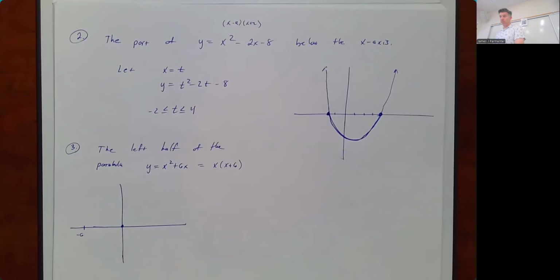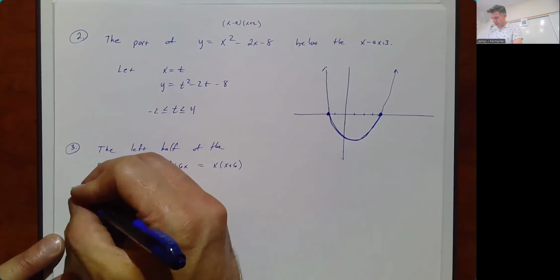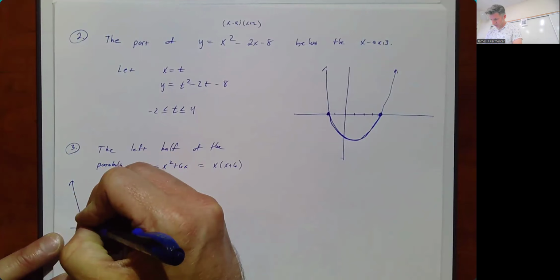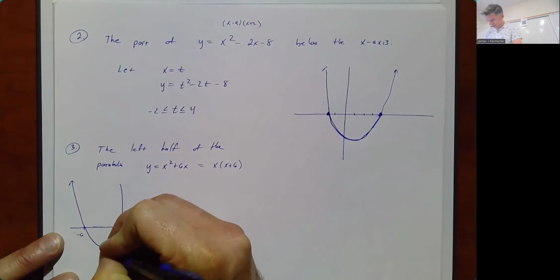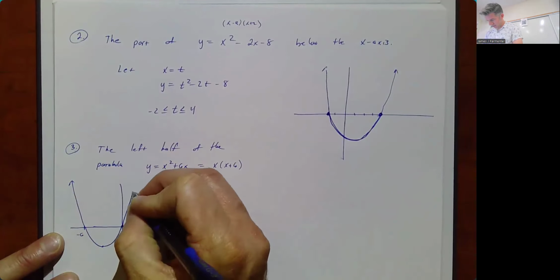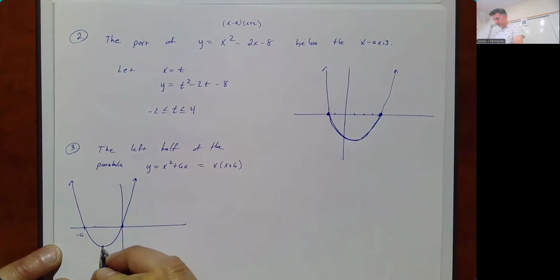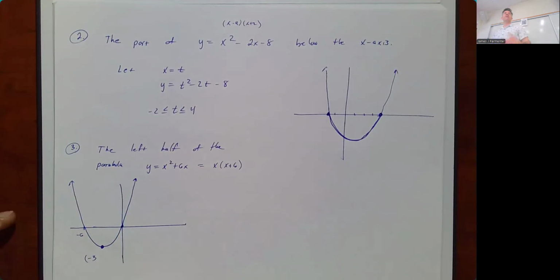It's certainly an upward opening parabola, so it's going to look something like this. And it looks like the vertex is going to be at an x value of negative 3, because if there are x-intercepts, the vertex is always exactly in the middle of the two. Or you could use the usual way of finding the vertex, which is minus b over 2a, but that seemed less interesting.